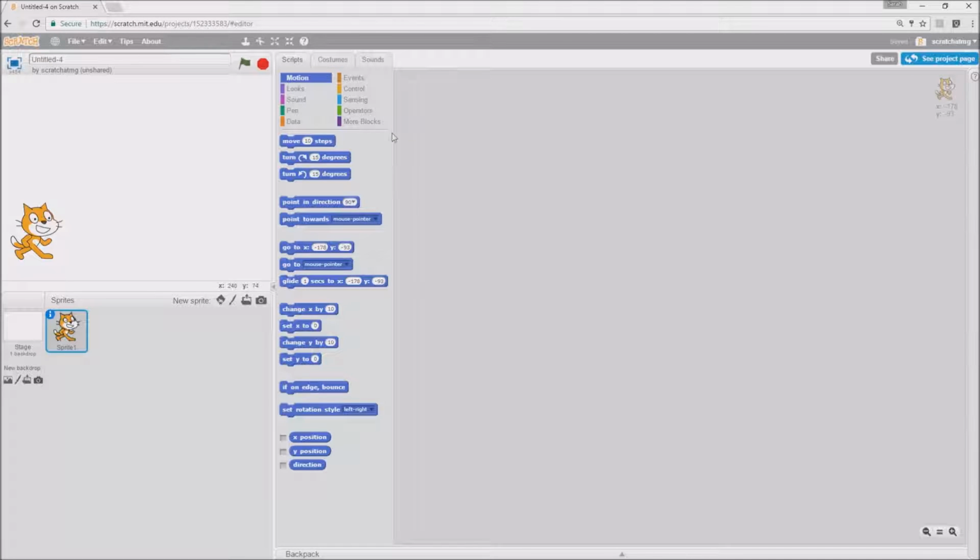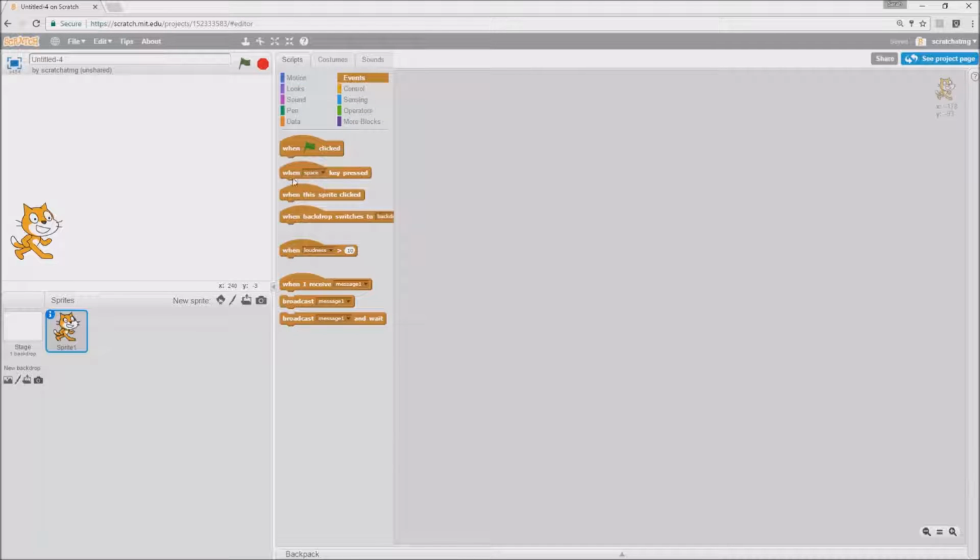Okay, so here we are in Scratch. We're going to start by making our Scratch cat move by using different keys on our keyboard. So I'm going to do the up arrow. Actually, I'm going to do the right arrow. That'll make more sense to have him move.